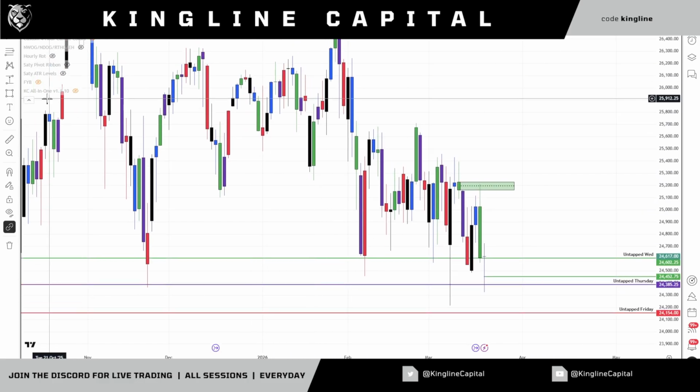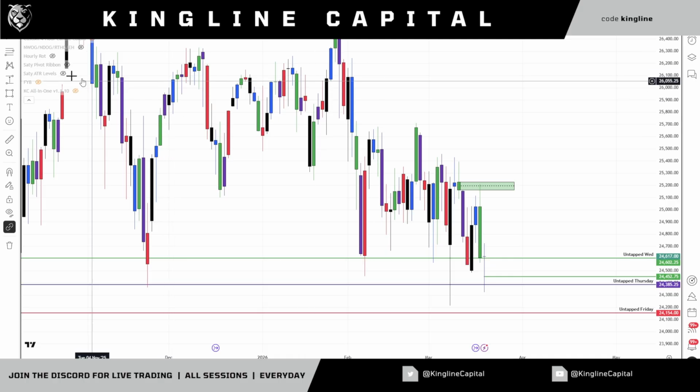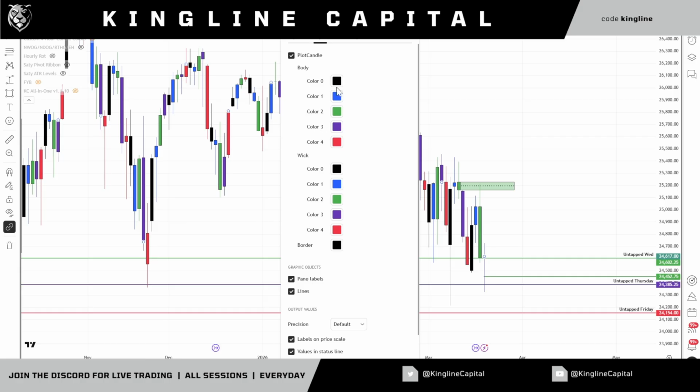Now the colors will stay on when you go to the daily chart. They won't disappear. These are the colors I chose because these are the colors I like, but you can pick whatever colors are easiest for your eyes or whatever you like.